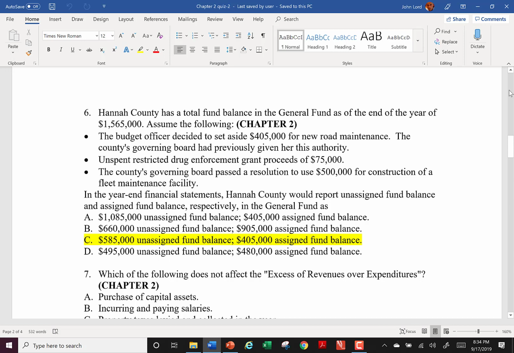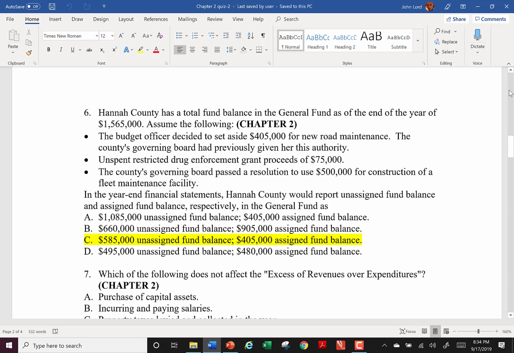It's talking about the classifications of fund balance that we talked about, right? And remember that we listed our fund balance in order of how difficult it is to spend. So we had what? Non-spendable is the most difficult to spend, do you think? Yeah.